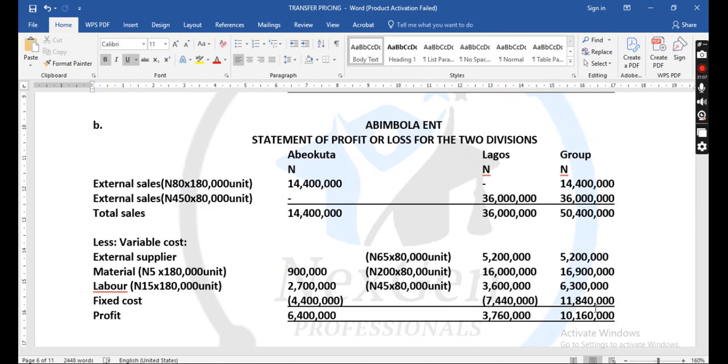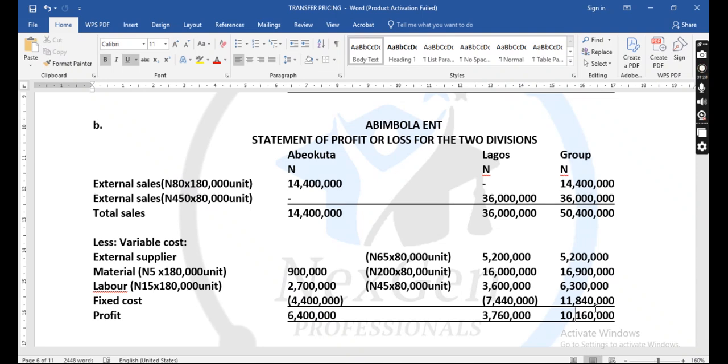I just want to know why profit is the same as before. Is it because we didn't sell all the maximum capacity? Yes, they didn't sell the whole capacity.